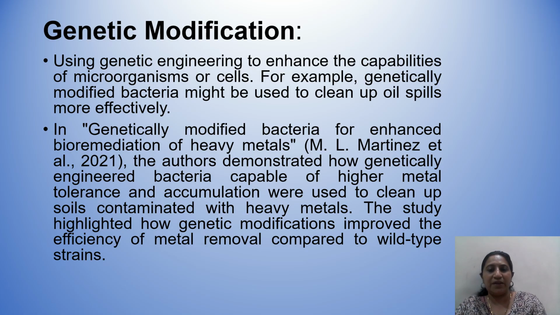In Genetically Modified Bacteria for Enhanced Bioremediation of Heavy Metals, M. L. Martinez et al. in 2021 demonstrated how genetically engineered bacteria capable of higher metal tolerance and accumulation were used to clean up soil contaminated with heavy metals. The study highlighted how genetic modifications improve the efficiency of metal removal compared to wild type strains. So here we can use the indigenous organisms and modify them genetically to degrade the pollutants more effectively.